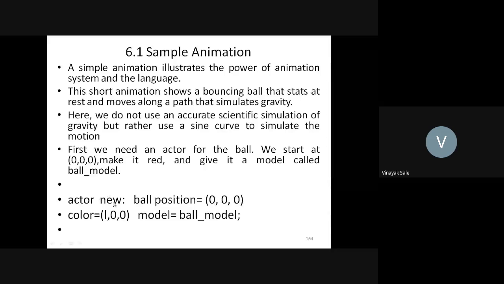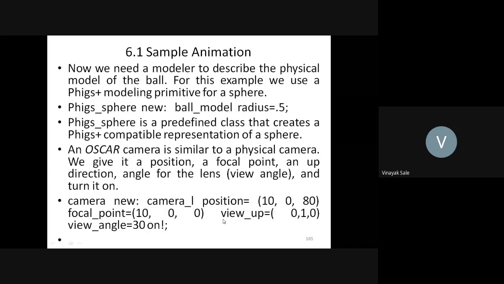So actor new ball, position is equal to initially 0, 0, 0. Then color 1 indicates red, the others are 0, 0. So this is the ball model. Now we need a modeler to describe a physical model of the ball.